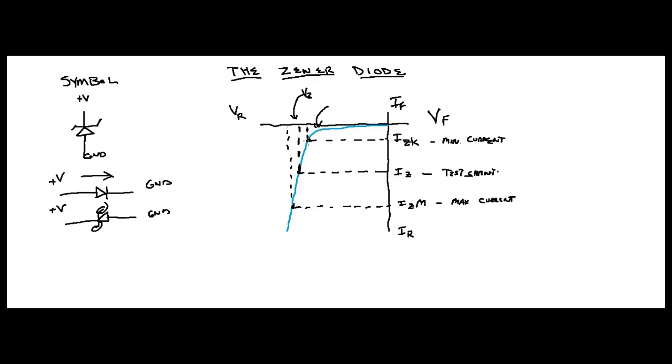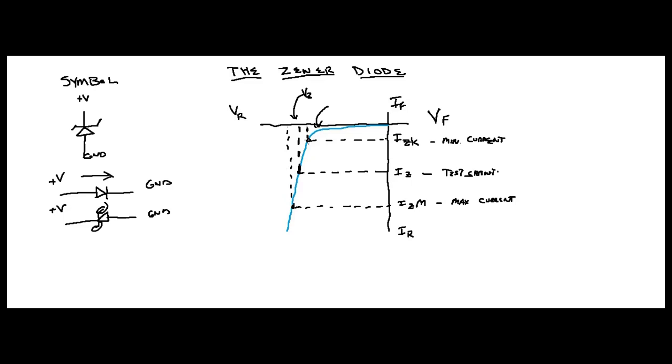And then when it becomes straight, okay, that starts your IZK. And IZM is just the maximum current. When you exceed that maximum current, you could damage the diode because you've reached breakdown, all right? And it's a good cascade, which would mean it would heat up the diode and then bad things would happen, okay?